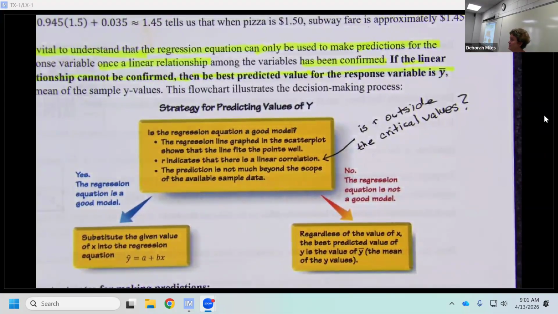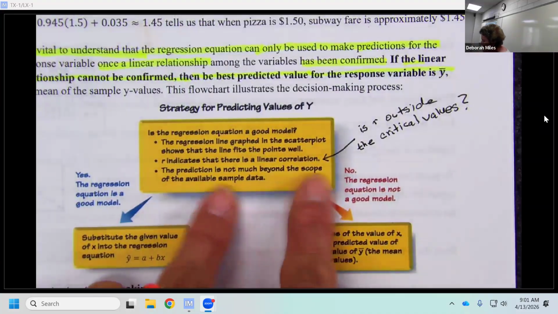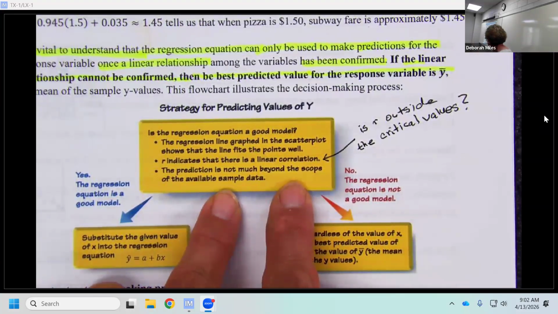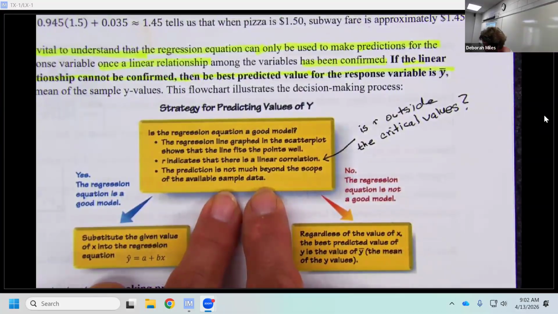Would all be giants? No. You can't use an equation that's based on one set of data to make a prediction that's way outside that set of data. And that's what's meant by not much beyond the scope of the available data.